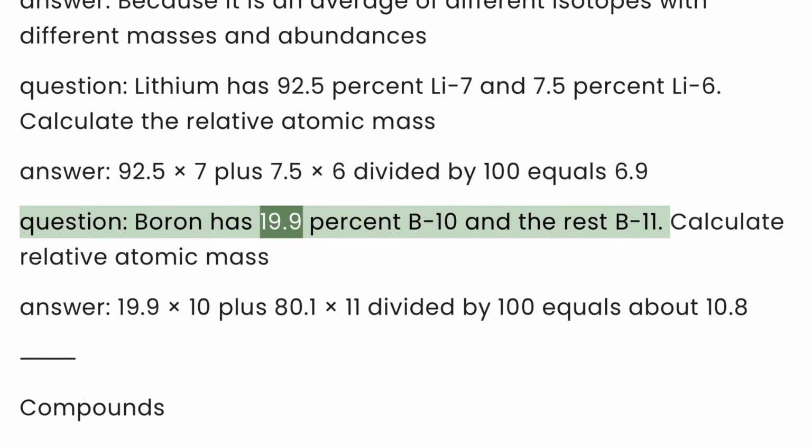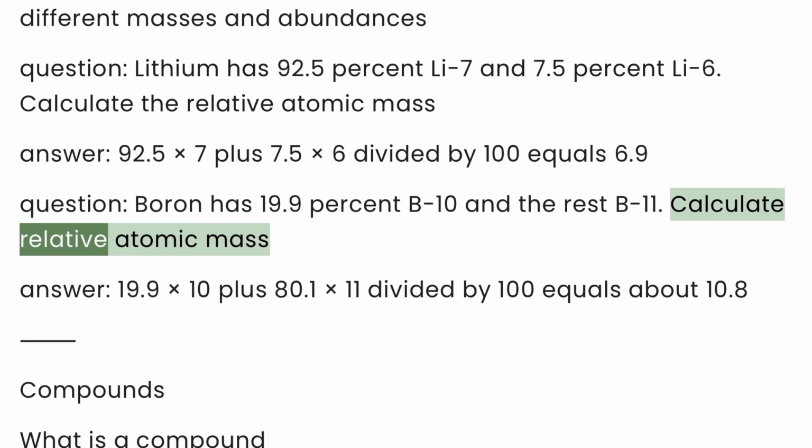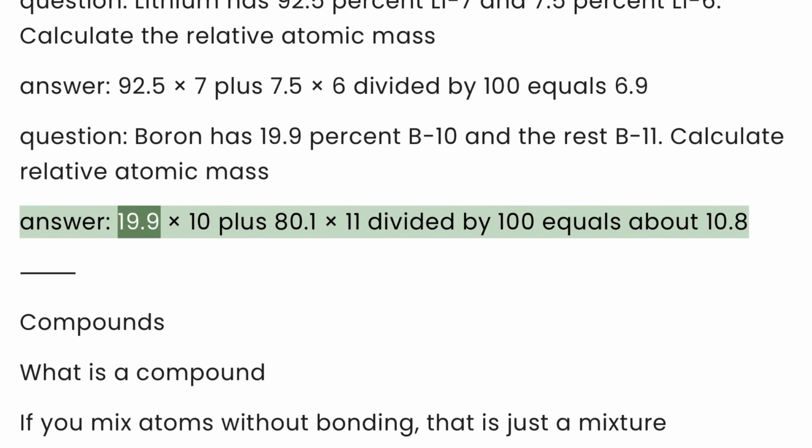Boron has 19.9% B10 and the rest B11. Calculate relative atomic mass. 19.9 × 10 plus 80.1 × 11 divided by 100 equals about 10.8.